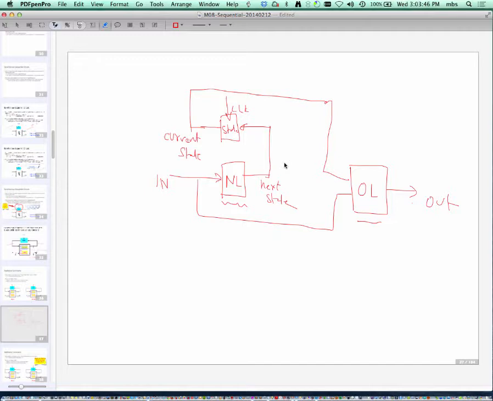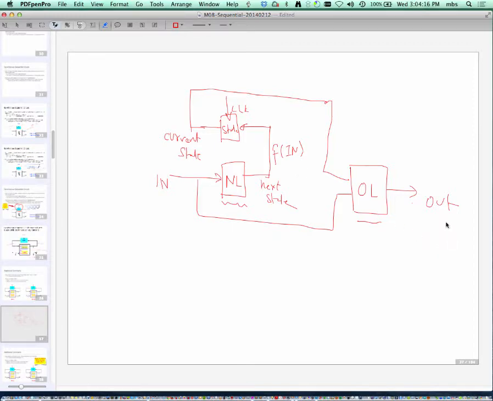Because every time, my state out here will be updated based upon some function f of in, because next state logic depends only on input. So this guy is remembering f of in as it was a clock tick ago. Every clock tick, this guy will remember f of in.